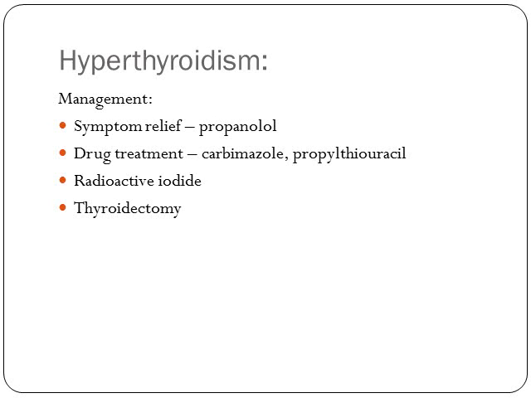Drug treatment, and this is almost like a ladder. The symptomatic relief is a little bit separate, because that's to control the symptoms. Then to control the hyperthyroidism itself, you can start with drug treatment, carbimazole or propylthiouracil, and they bring the thyroid down. If that doesn't work, or if you've got a cause that's more worrying, like an adenoma that needs to be removed, then you can try radioactive iodide.